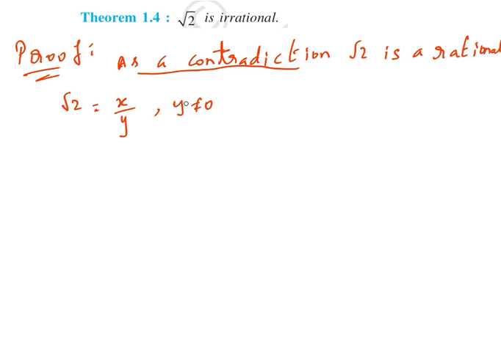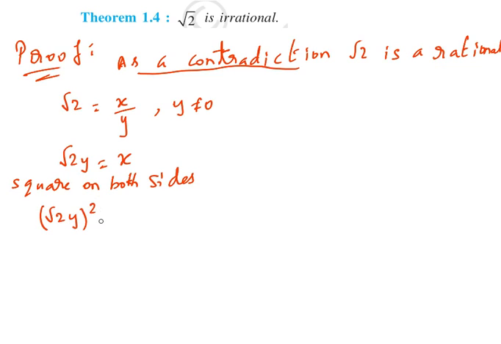In this case, if we bring y this side, we can write root 2 y equal to x. Let me square on both sides. Root 2 y the whole square equal to x square.